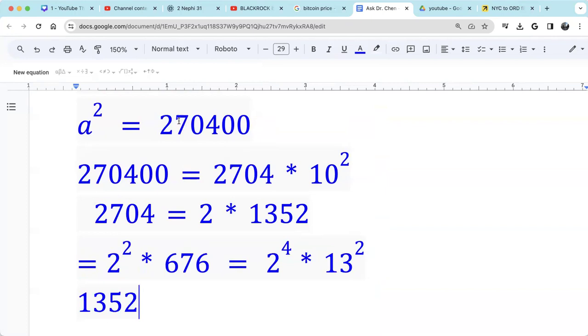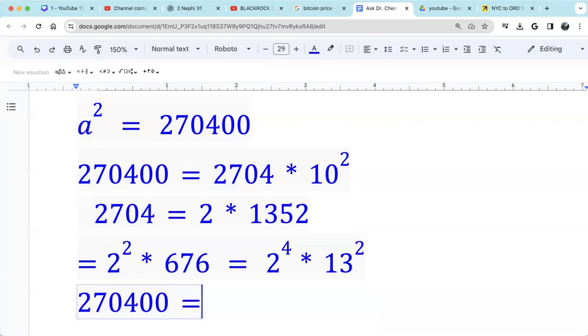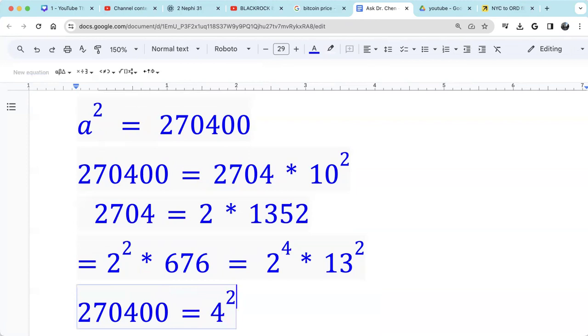I want to copy paste this number. This number equals 10 squared in the beginning, 2 raised to 4, which is 4 squared, times 13 squared, then 10 squared.